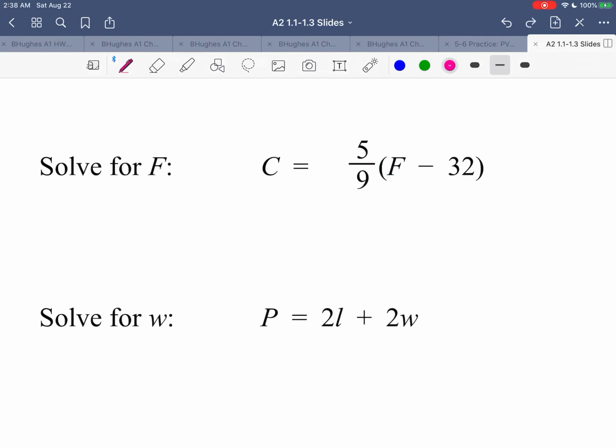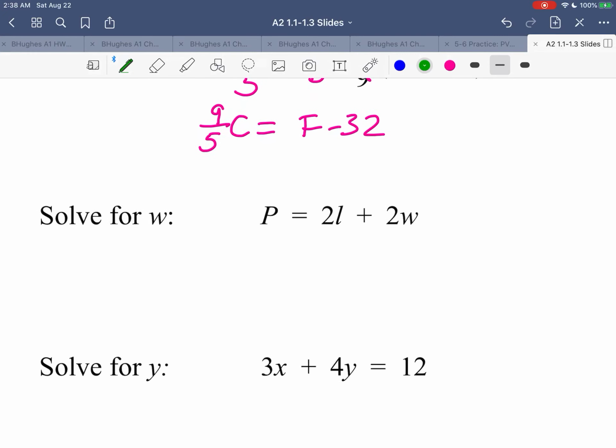So F is inside of parentheses, which is a very important idea. That means that this can be canceled right away from the beginning without ever distributing it, okay? So what do you have to do to make a fraction cancel? Well, you multiply by the reciprocal. That's going to make these cancel. We have 9/5 C equals F minus 32.